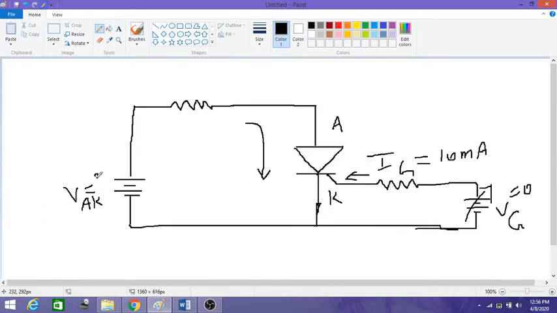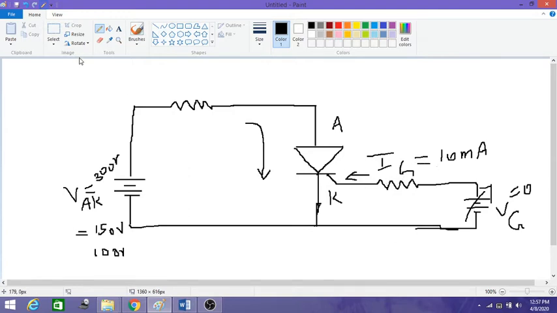Suppose without gate current it might turn on at 300 volts. With gate current it may turn on say at 150 volts, or even at 100 volts. So we can start conducting this SCR at lesser and lesser voltage if we apply higher and higher gate current.